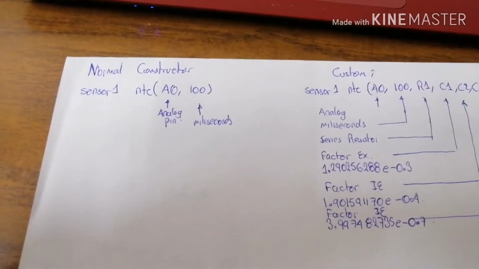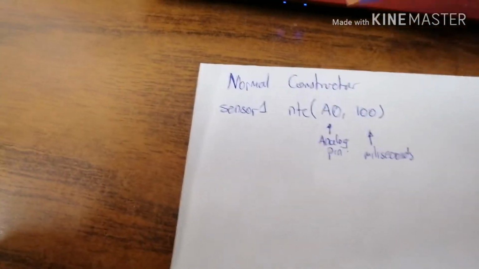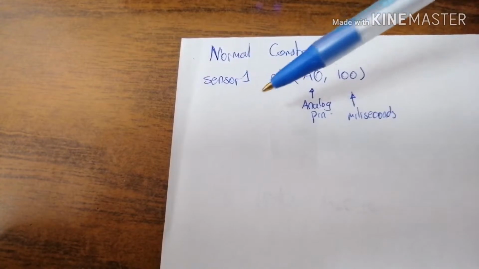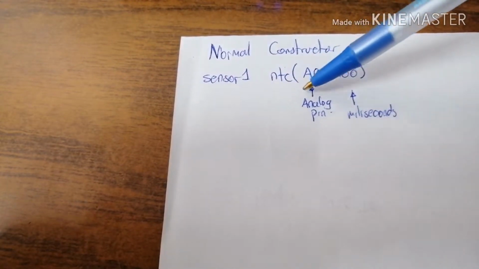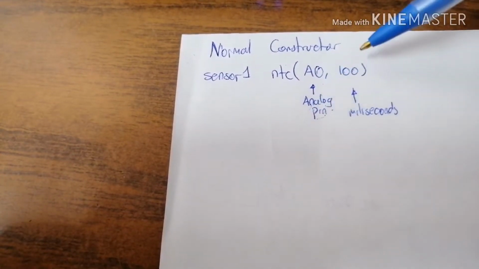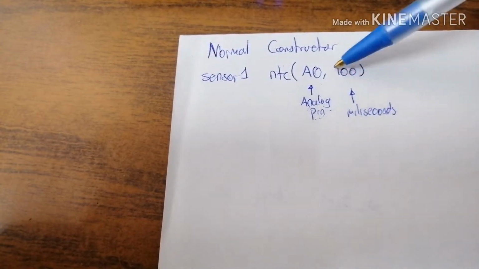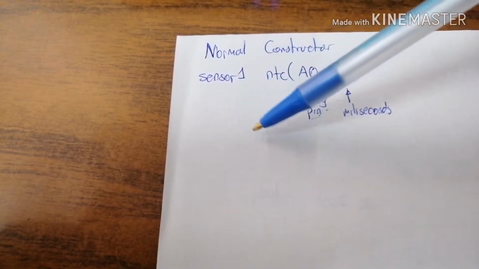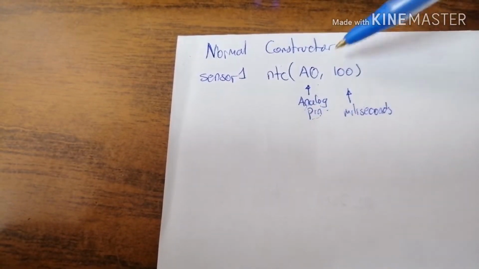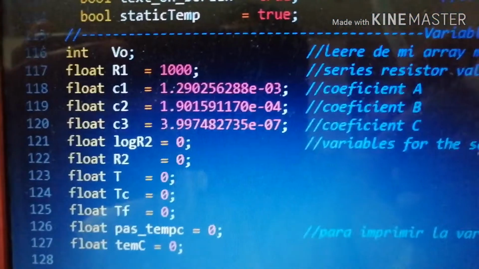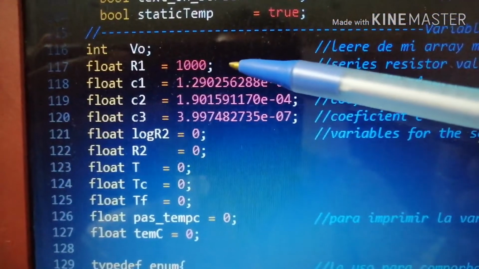The theme about the constructor is this is the regular constructor, right? Sensor 1, NTC, A0, which is the analog pin, and 100 milliseconds between readings. This constructor will use the regular values and all these factors we already have in the programming, right?